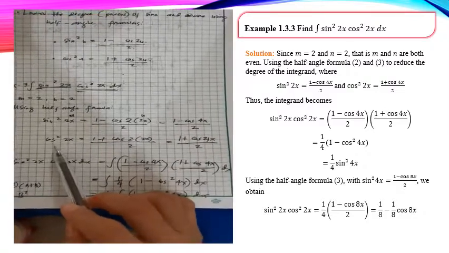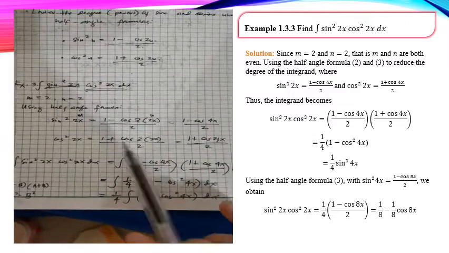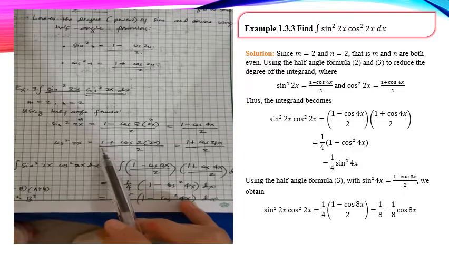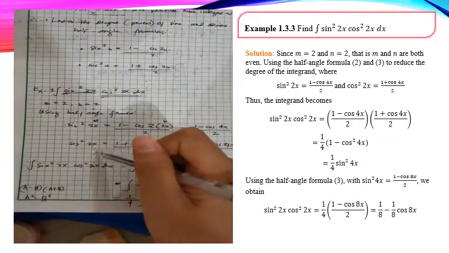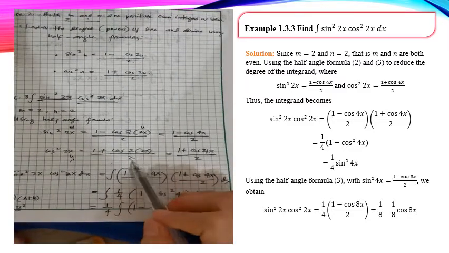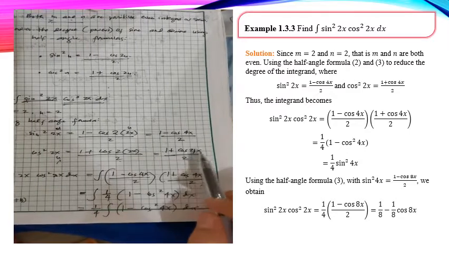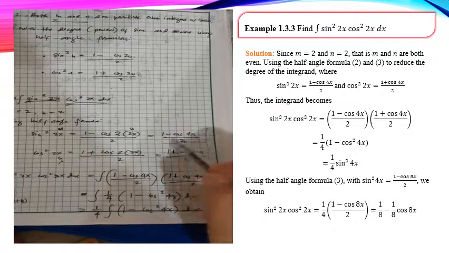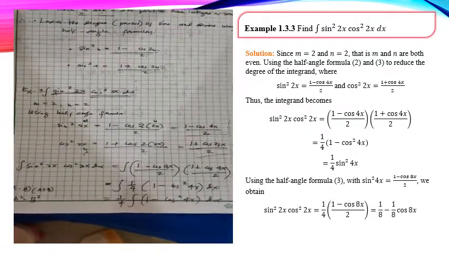And then, si cosine squared 2x naman, yung pangalawang integrand, is 1 plus, kasi plus yung sa half angle formula ng cosine. Cosine squared 2x, that is our u, right? 1 plus cosine of 2 times 2x over 2. So this is equal to 1 plus cosine of 4x over 2, kasi 2 times 2 is equal to 4. So ibig sabihin, ito yung gagamitin natin na half angle formula na isa-substitute natin dito sa given natin.